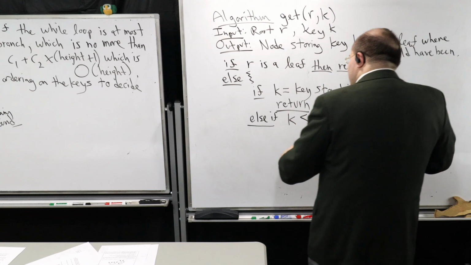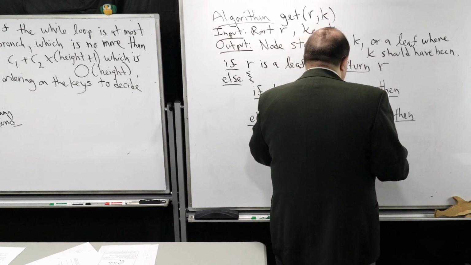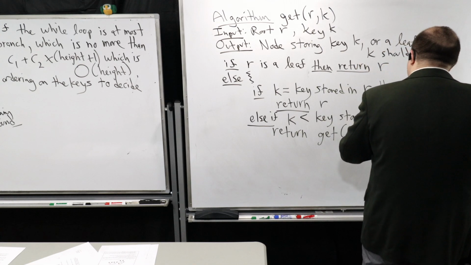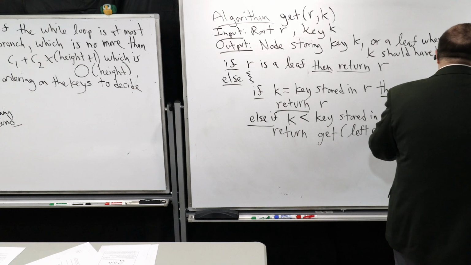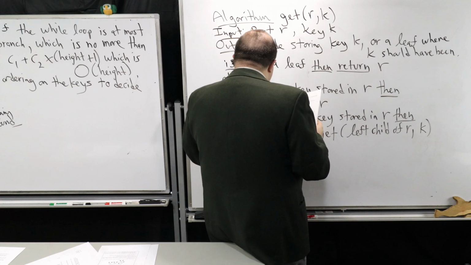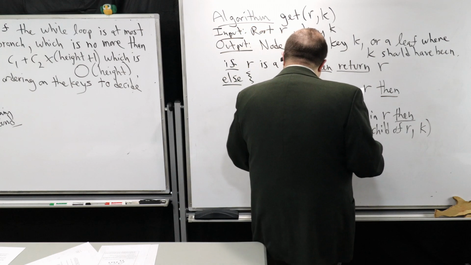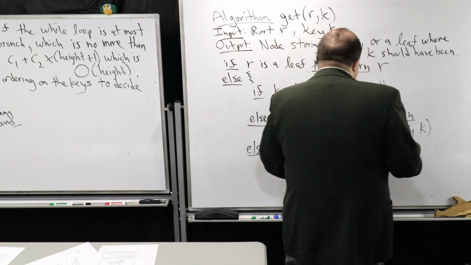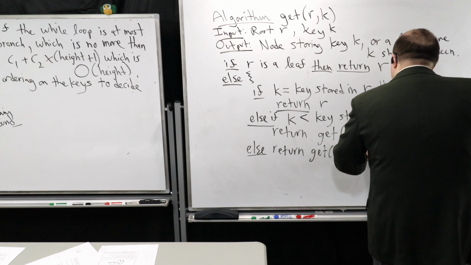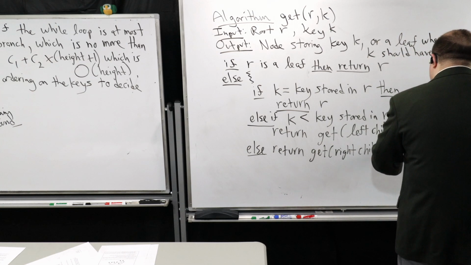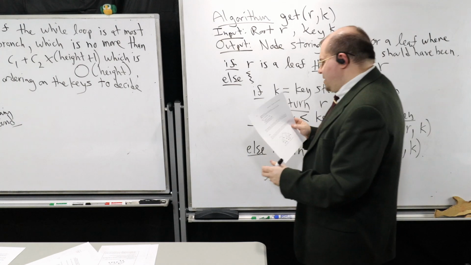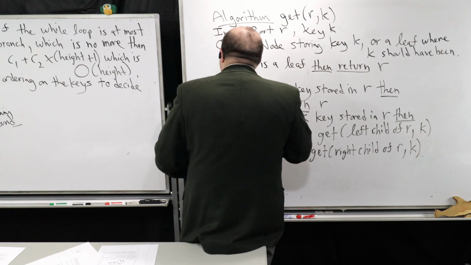So I return get, using the left child of R, and I pass along K too. Otherwise, I'm just going to return whatever get gives me if I use the right child. So let me wrap that up. That's the pseudocode for get.